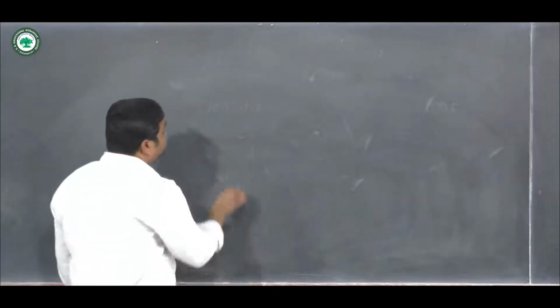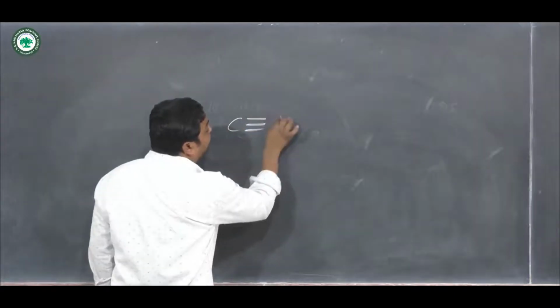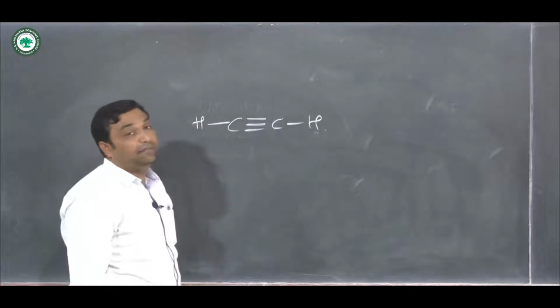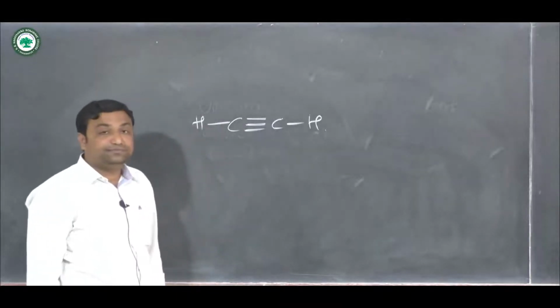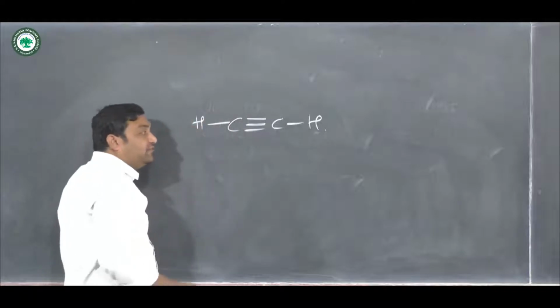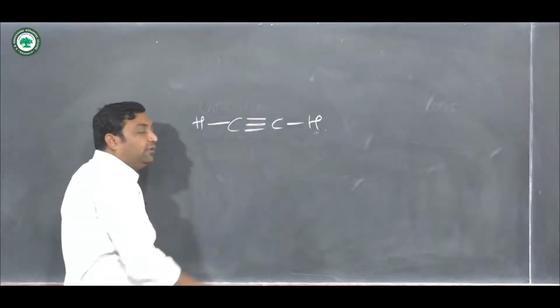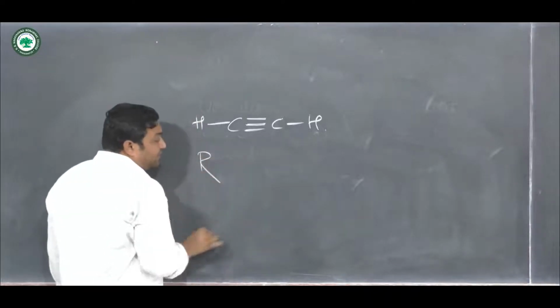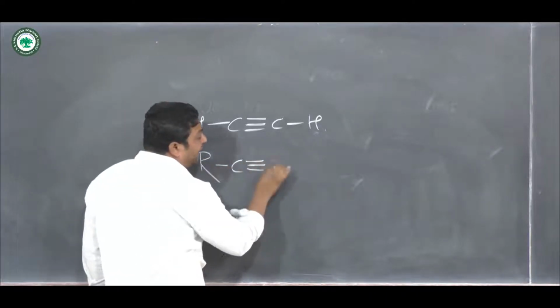We know that this is the first member of the alkyne family, that is the acetylene molecule. And if one of the hydrogen atoms of this acetylene molecule is replaced by an alkyl group, we obtain this substituted alkyne.